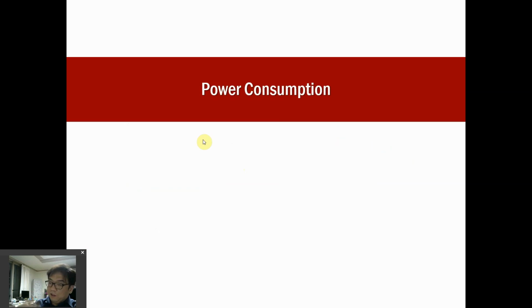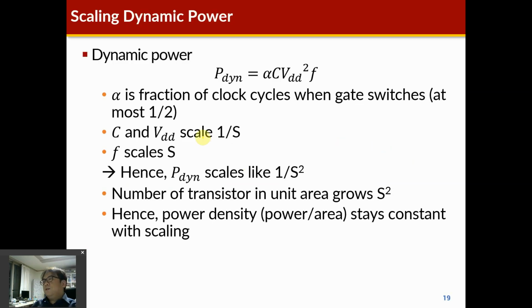The power consumption. I will explore power consumption again. So this is the dynamic power equation. We already talked about the dynamic power consumption. It's the activity factor, capacitance, supply voltage, and frequency. And this alpha is some fraction of the clock cycle when the gate switches, and the maximum value of alpha is 1/2 of the clock cycle.